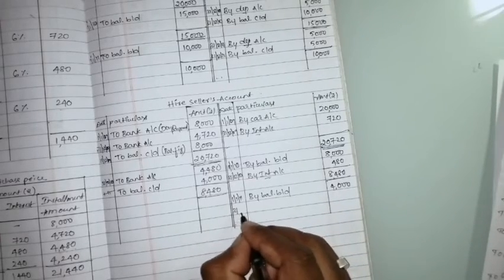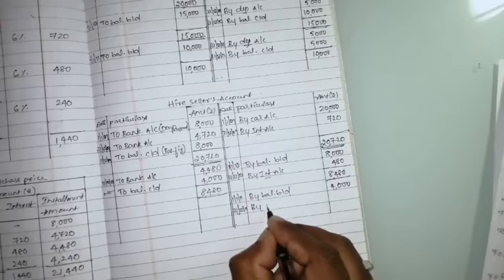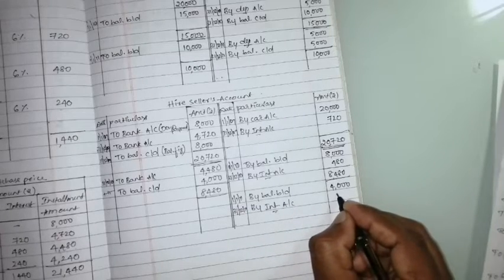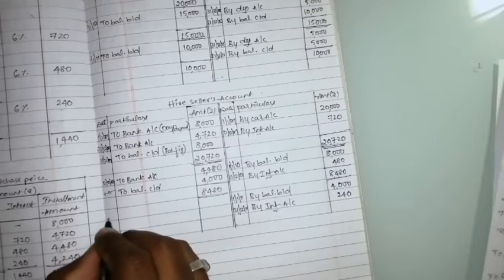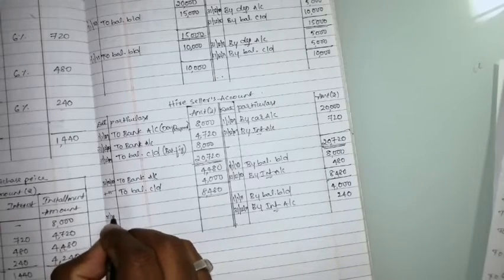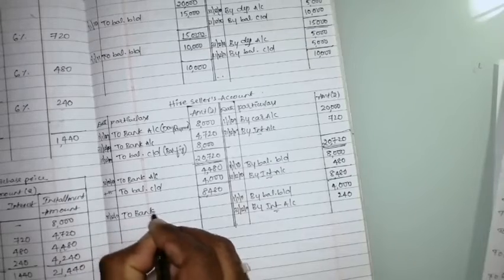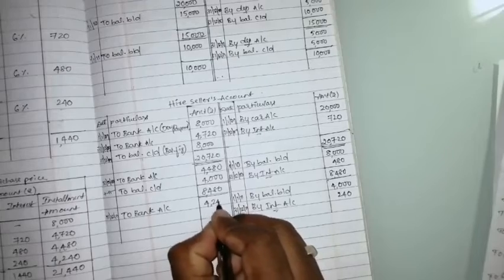Next, 31st December 2011, by interest account, how much? 240, right? Then the last installment on 31st December 2011 to bank account, how much? 4,240.